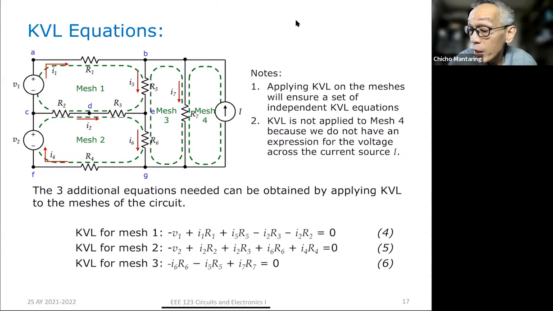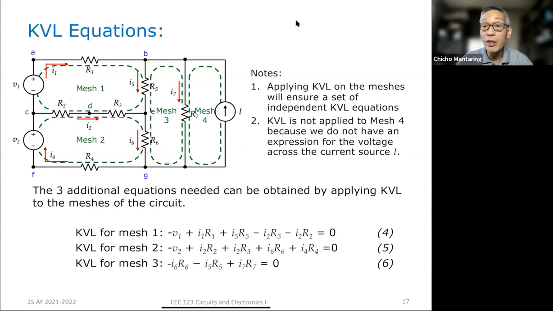So if I combine this equation with this equation, I am going to get the mesh equation for this bigger loop. Yun ang mangyayari, no? Pag kinonbine ko yung equation 4 at saka equation 5, ang lalabas is my KVL equation for this bigger loop. May eliminate ko tong I2. And those 3 KVL equations are not independent, no?